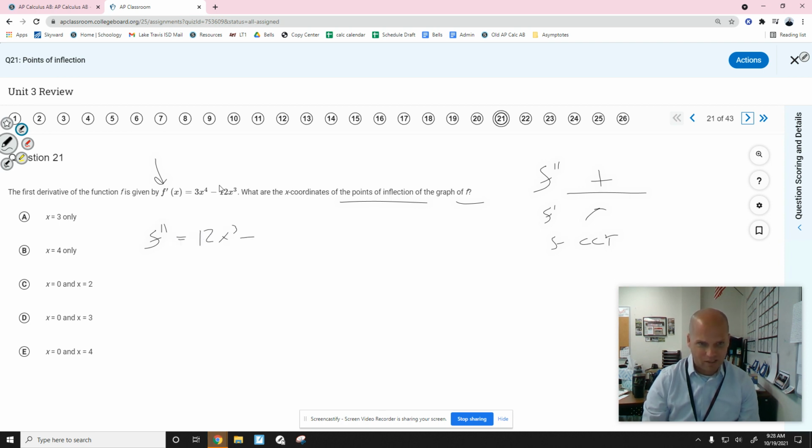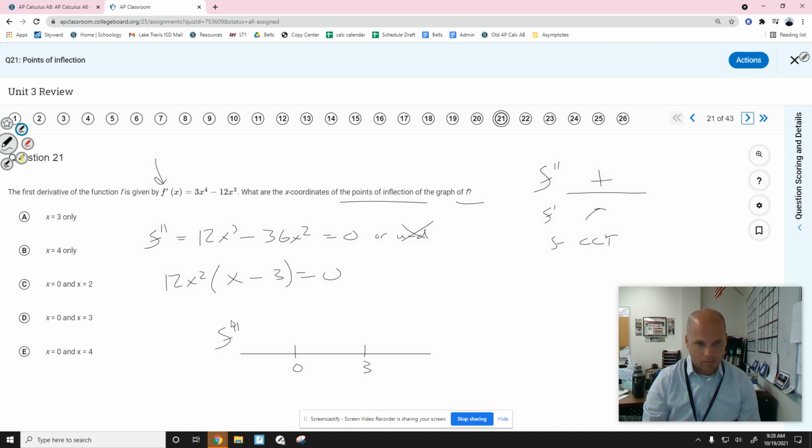12x cubed minus 36x squared. Zero or undefined, don't have to worry about the undefined part. Factor out the 12x squared, I get x minus 3. So for my second derivative, which I got by only taking the derivative once because I was given the first derivative, I got 0 and 3.